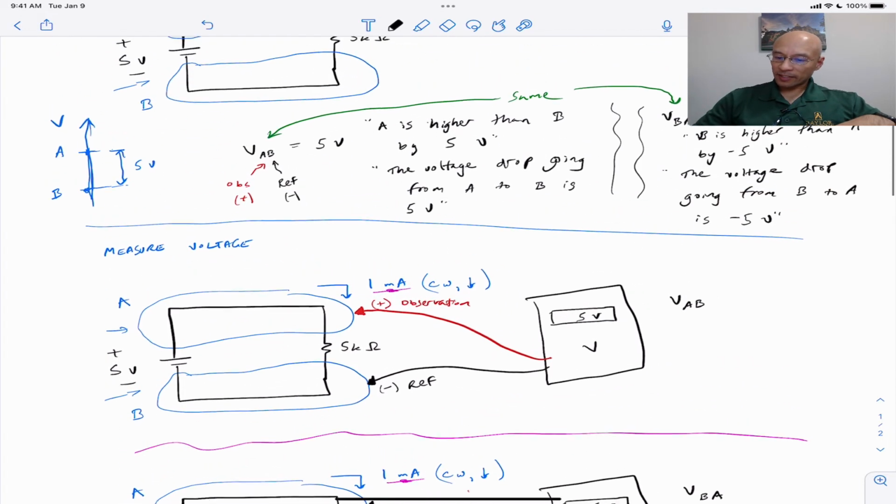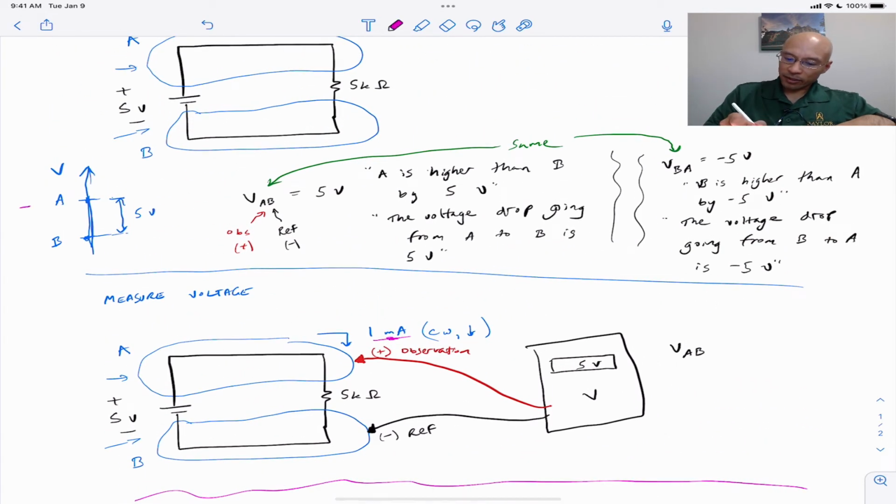So maybe going back to this diagram up here, I could put here plus, minus, this is VAB, and then on the other side it's minus, plus, VBA, indicating that this is the reference.